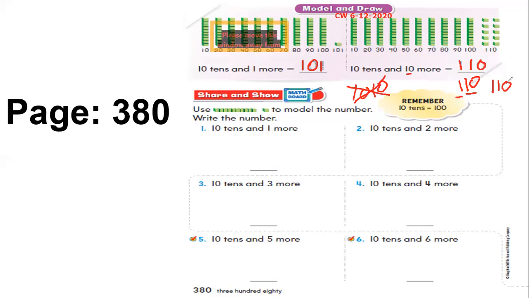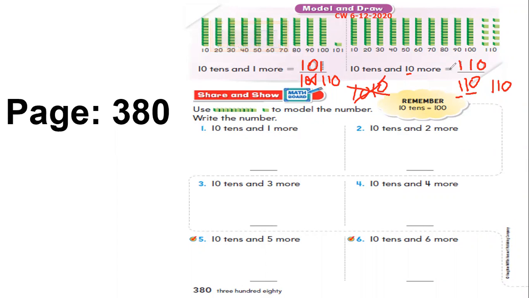Now, here I have 10 tens and 1 more. That is just 1 more, so I write 100 and just change the 1. If it is 10 more, I change the last two digits and write 110. So this is how the number changes.